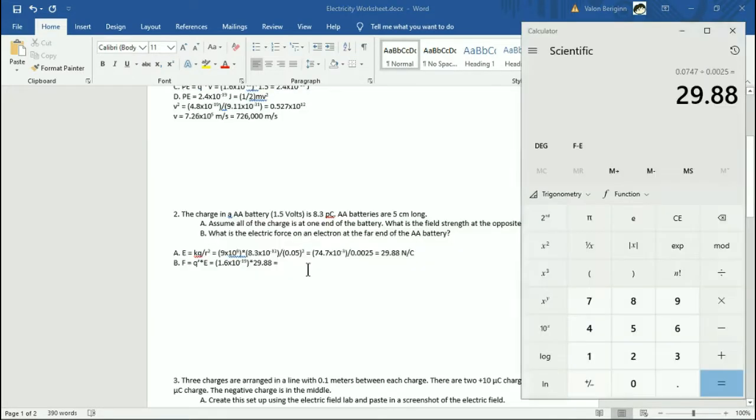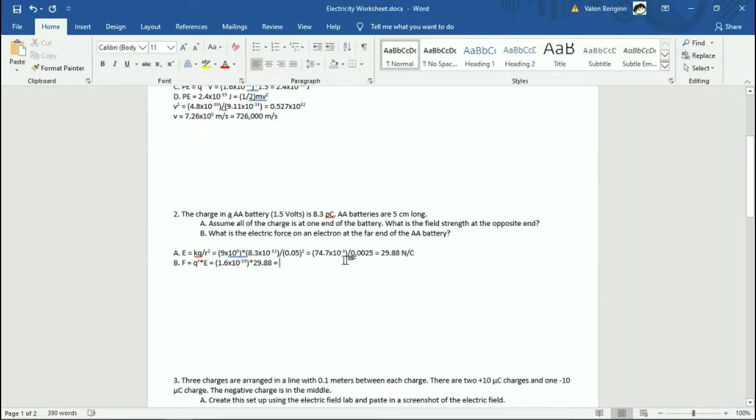So this is times 1.6, that's 47.808 times 10 to the negative 19 newtons, but that's wrong scientific notation, so it needs to be 4.7808 times 10 to the negative 18 newtons. Okay, that's your answer with that.